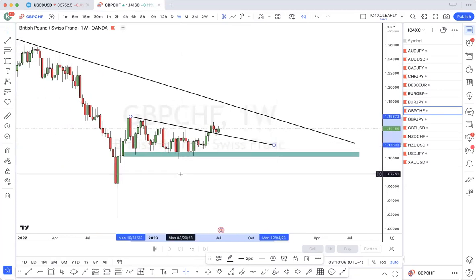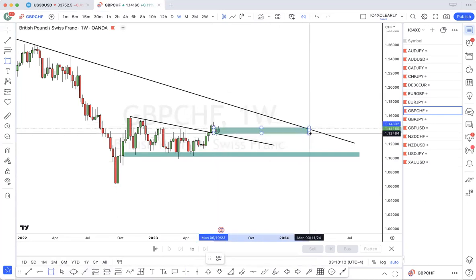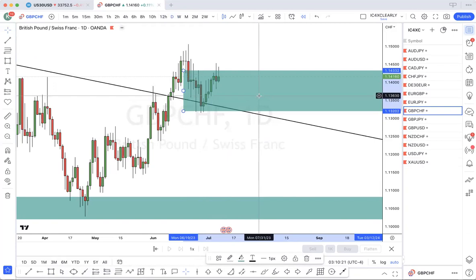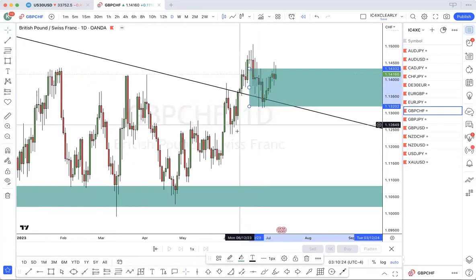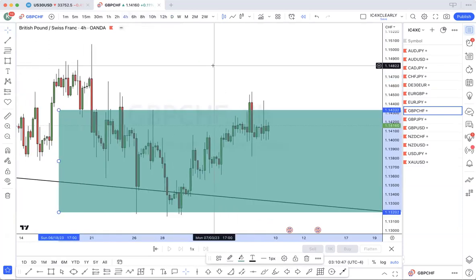So let's consider, this is the order block here. Go to the daily. Pushed up, pull that. Use the wicks. Let's see what the 4 hours doing.